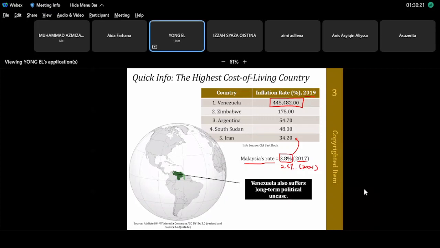The reason why the inflation rate increases: usually, we go back to the concept of demand and supply. When demand is too high and supply is too low, that will create a shortage of supply, meaning supply cannot meet demand. Just like the shortage of chicken eggs in certain countries, including Malaysia, that will drive up the price of chicken and chicken eggs.